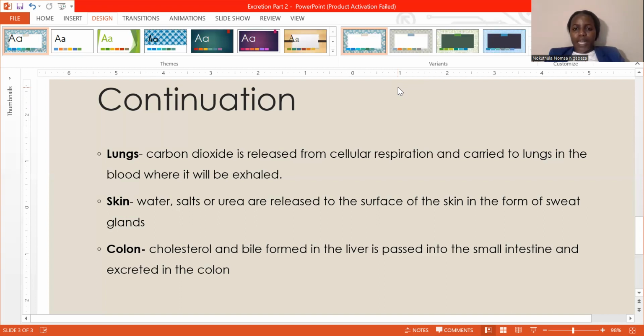So when we're meeting again, we are now going to be looking at the kidneys in detail, on how they are adapted for excretion.